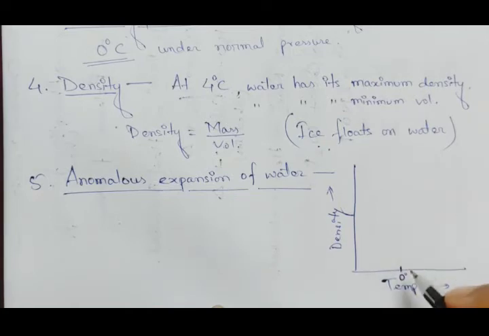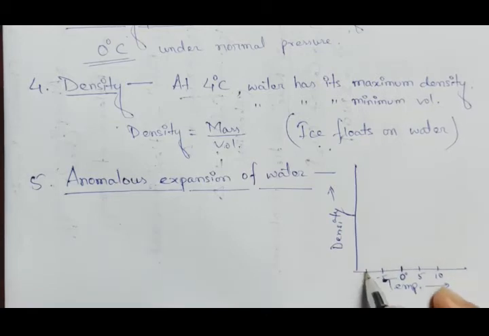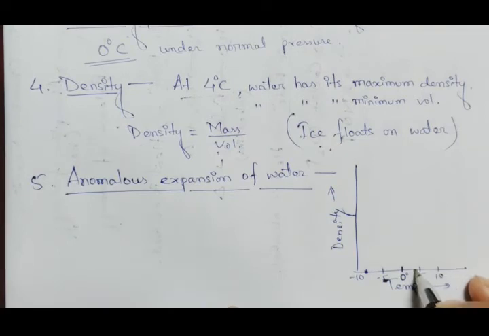Okay, so near 4 degrees Celsius, suppose this one is 5, this one is 10, this one is -5, and let this one be -10. So this will be the 4 degrees Celsius, this part.